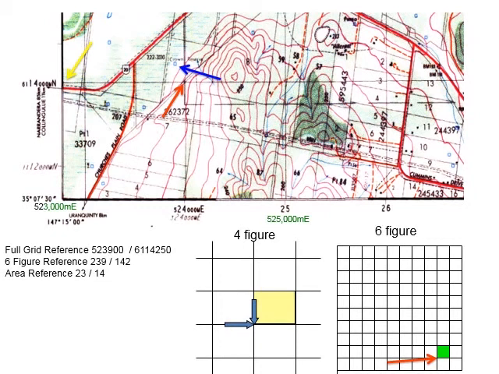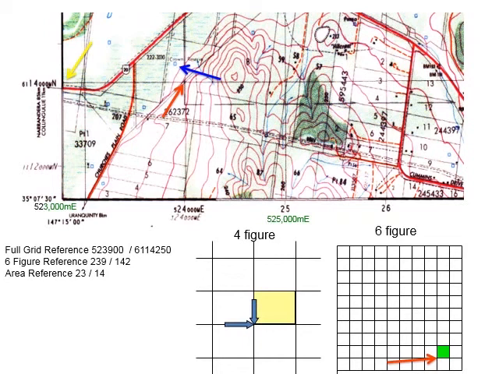The 6-figure reference simply drops some of the detail to give the corner of the small cell as indicated by the diagram in the lower right hand side of the slide. So we can see the large numbers in the grid coordinates, for example the 2,4 in the eastings and the 1,4 in the northing. These are the numbers that are used to identify the cell, with the third number derived again by dividing the cell into 10 parts.